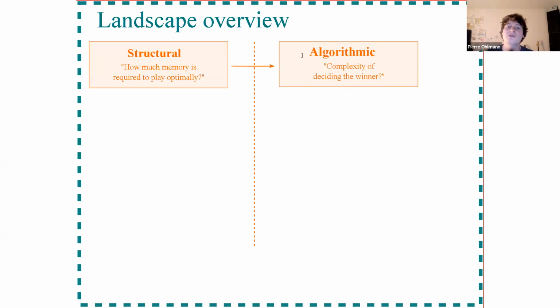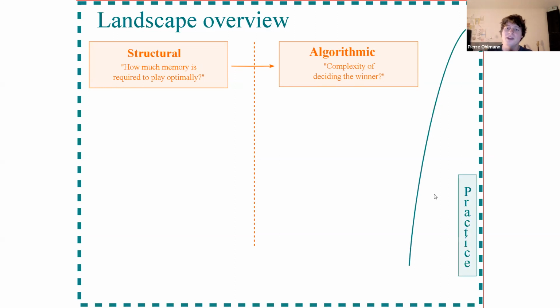Most often, if you want to tackle the algorithmic question for some class of objectives, you should first understand structural properties like the memory. So structural understanding precedes algorithmic understanding.